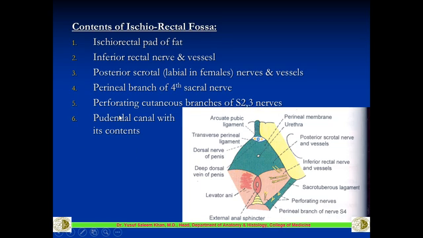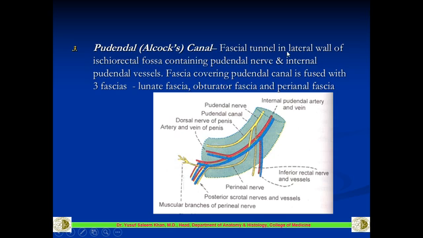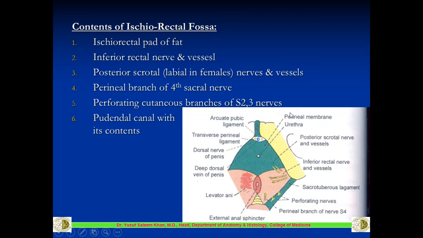So the main structure will be the ischiorectal pad of fat along with the pudendal canal and its contents, that is the pudendal nerve itself as well as the internal pudendal vessels.